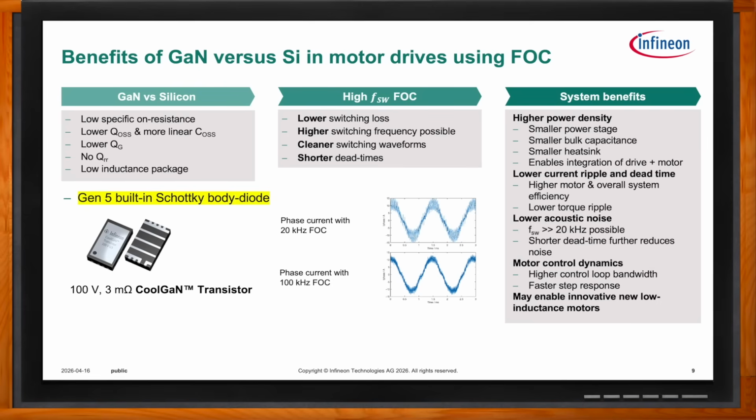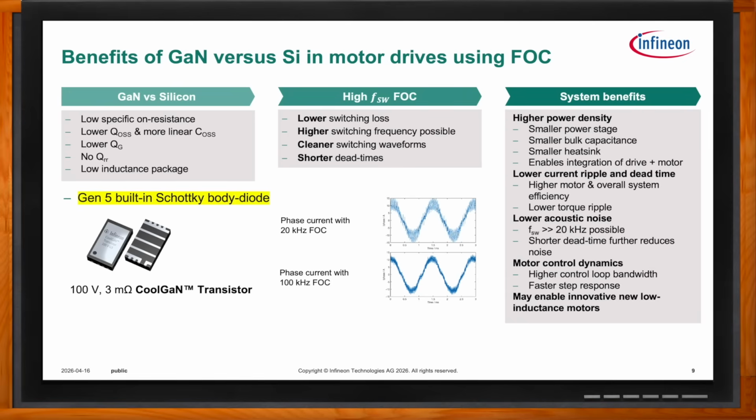Remember, I mentioned that GaN is notorious for having a relatively high voltage drop in diode mode by itself. Now, by integrating this Schottky body diode, it's not only being a Schottky, it's majority carrier only, so still no reverse recovery.